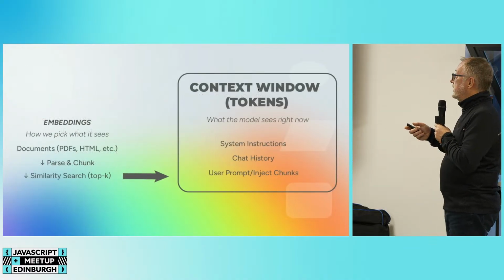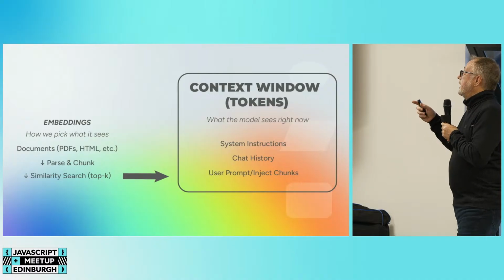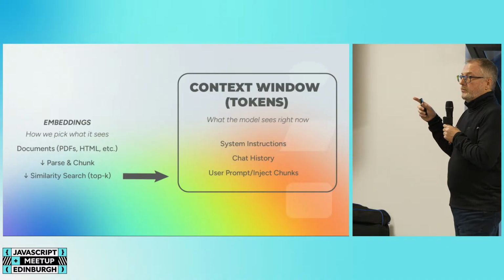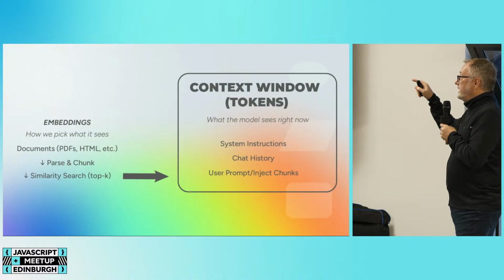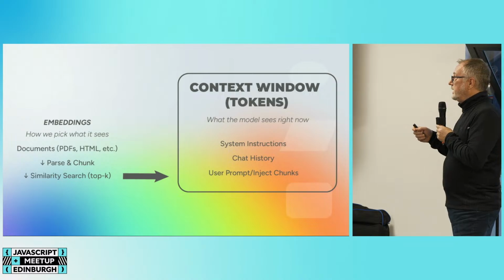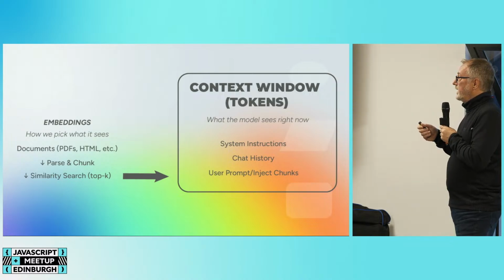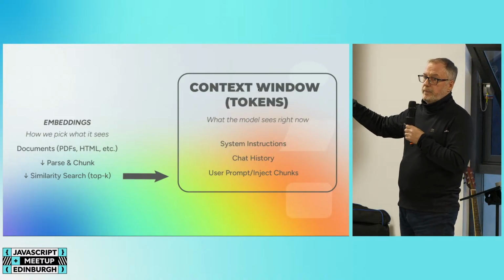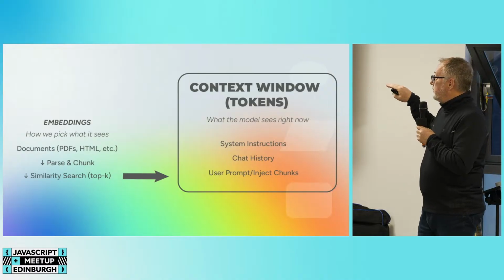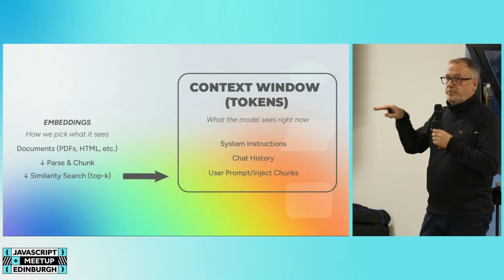So the context window: what the model sees right at that moment that you're prompting, you're asking the question. And I believe this is the order. It's system instructions, chat history, and then the embedded documents that you've given it. The embedded documents apparently go in just at prompt time.